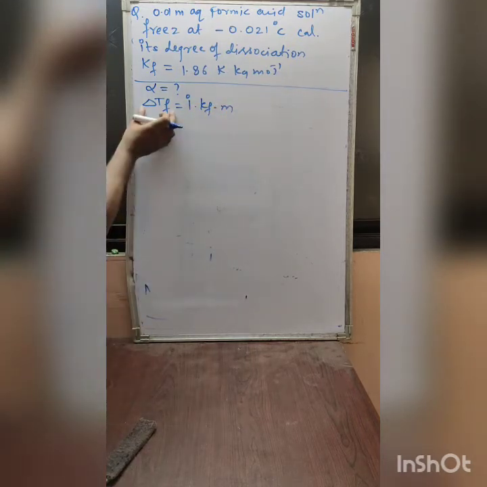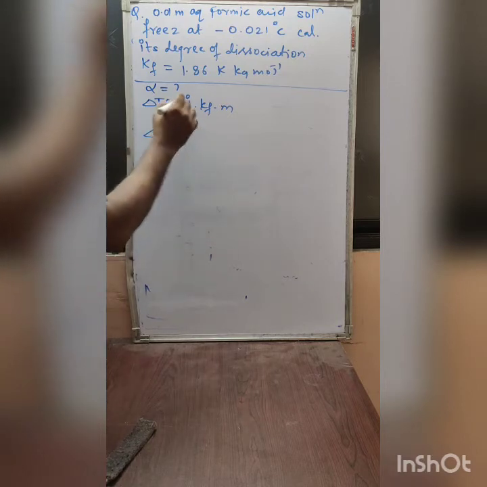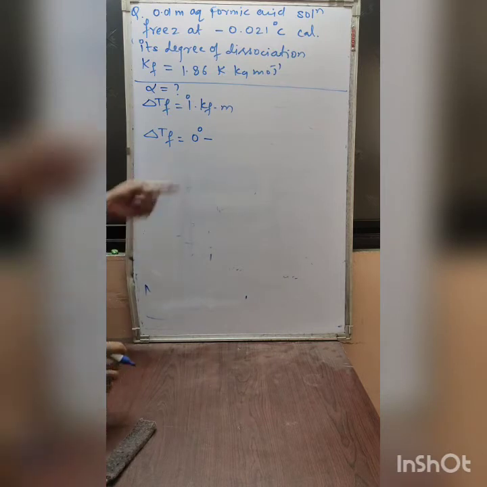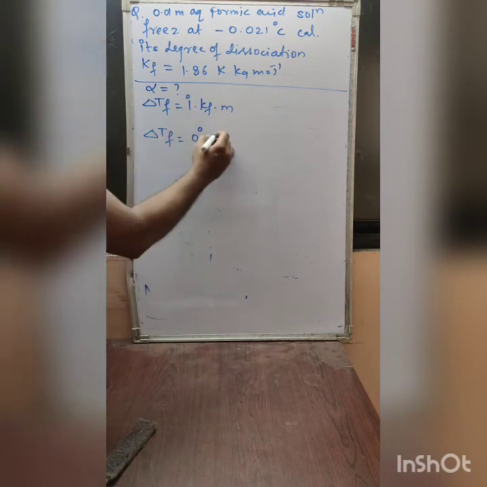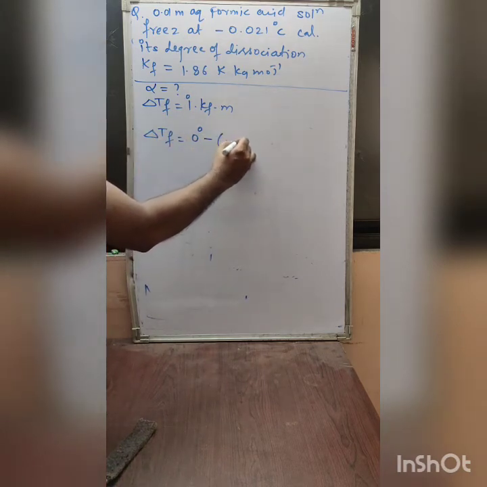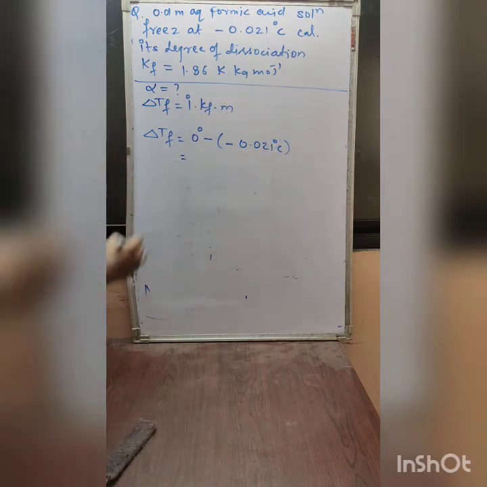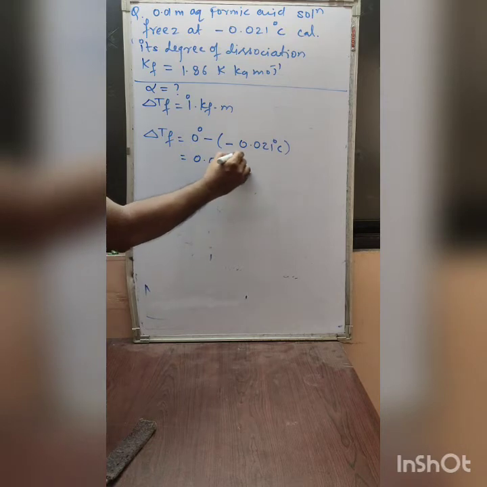So first we find delta TF. Delta TF is equal to TF 0 minus TF, so 0 degree Celsius minus minus 0.021 degree Celsius, and the answer is 0.021 degree Celsius.